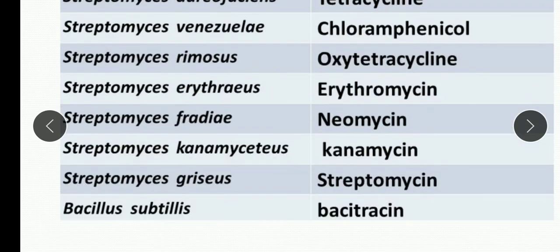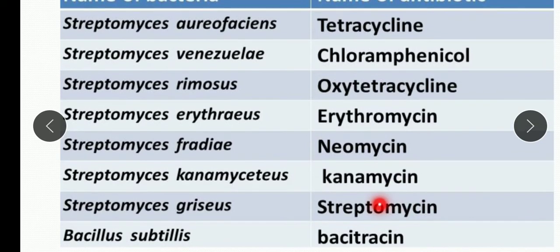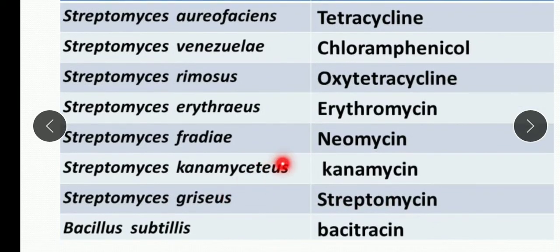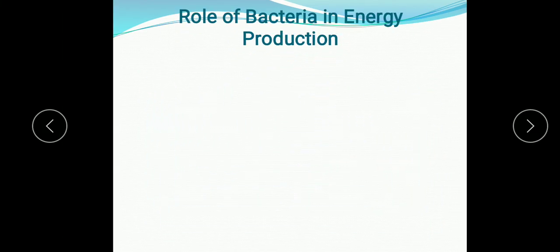And streptomycin was the first antibiotic, prepared from Streptomyces griseus, a bacterial antibiotic. Bacillus subtilis produces bacitracin. So in this manner, that is the role of bacteria in antibiotic production.